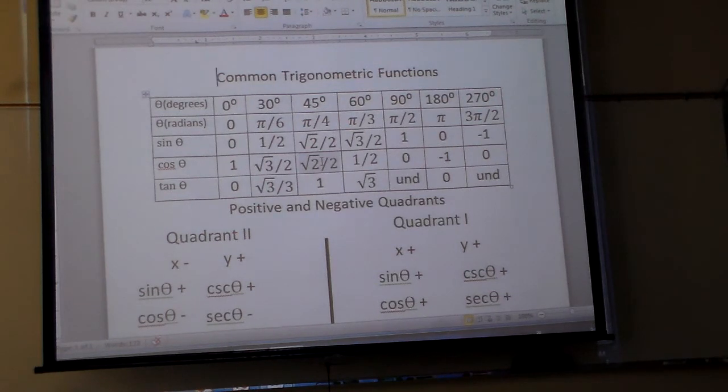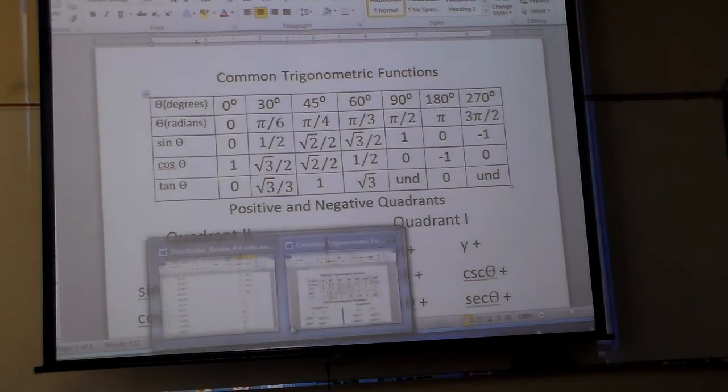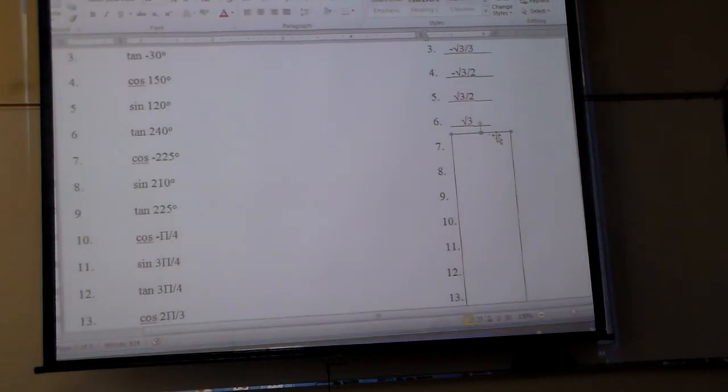Now what quadrant is negative 225 in? You have to think about it. It's going to be in quadrant 2, because you're going backwards past the 180 mark, but not quite to 270. And cosine in quadrant 2 is negative. So negative square root of 2 over 2.